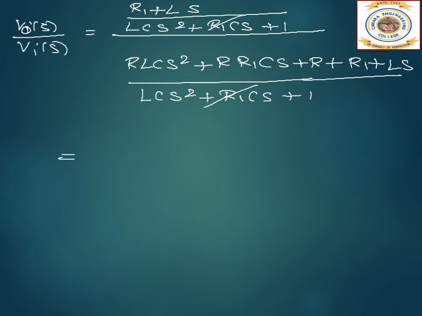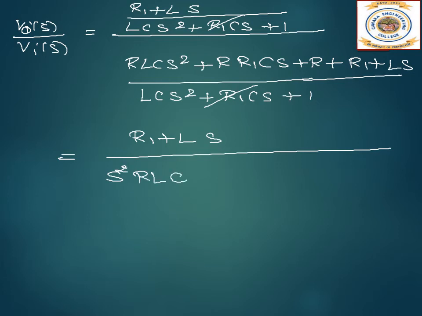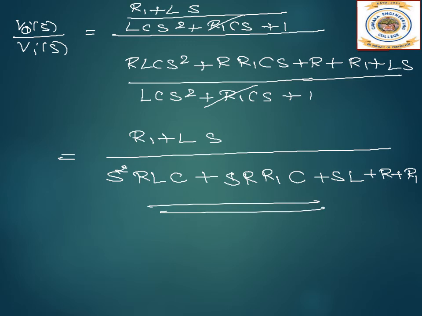So the final answer will be R1 plus Ls divided by S square RLC plus S into R1 C plus S into L plus R plus R1. This is the final answer.